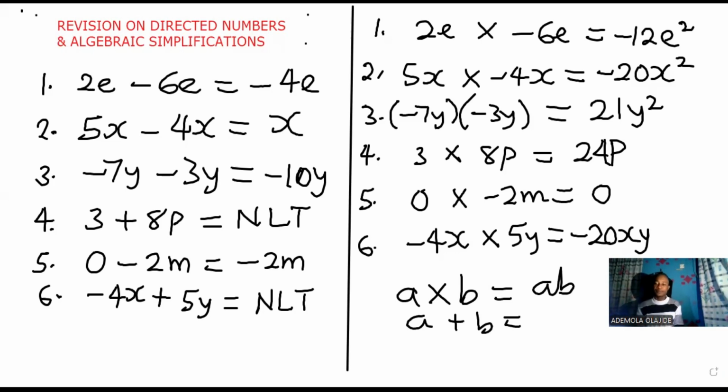Not like terms, yes. But they are two different things. When you are to add or subtract, you must ensure that they are basically the same kind. But when you are multiplying, nobody cares. Multiplication is possible.